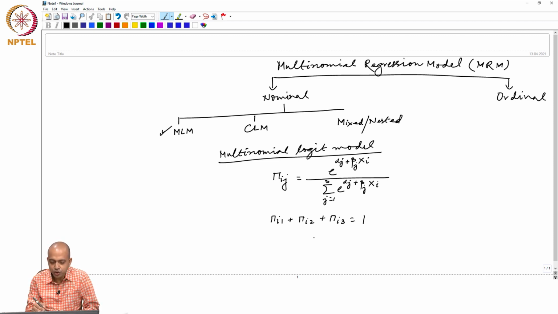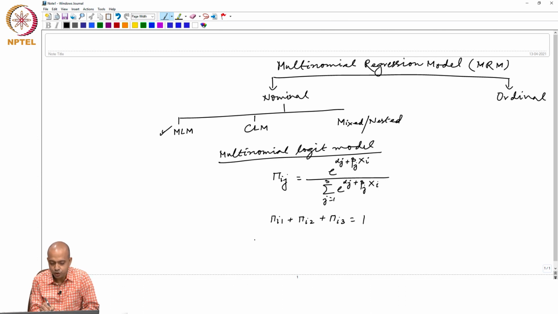That is why, instead of estimating these probabilities individually and separately, which is not possible, the moment we estimate pi i2 hat or pi i3 hat, pi i1 hat is automatically estimated by this property.